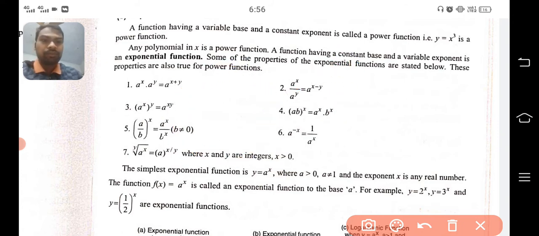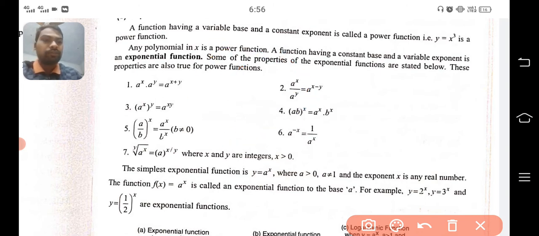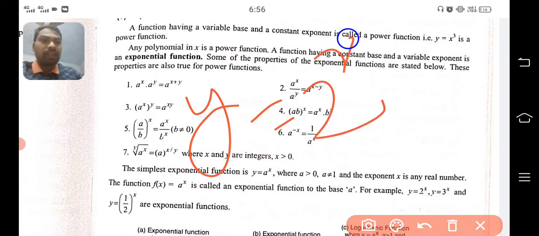The function f(x), which we can say is equal to a to the power x, is called an exponential function to the base a. It is called what? Exponential function to the base a, we can say. For example, y is equal to 2 to the power x. Here the base is 2.